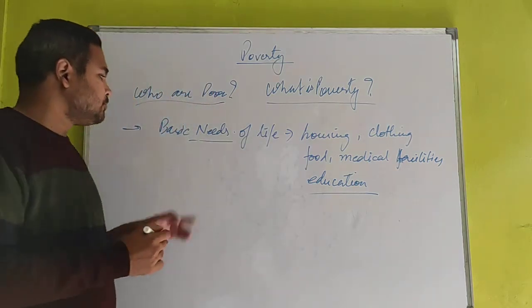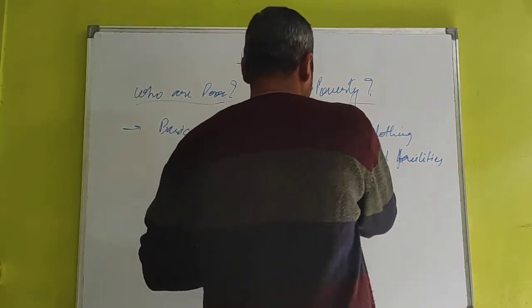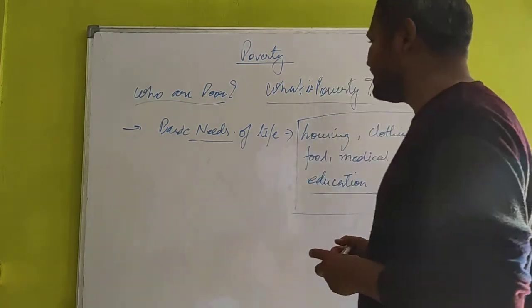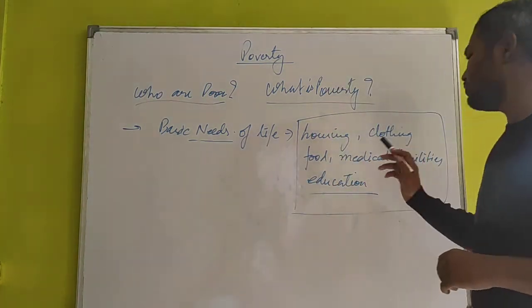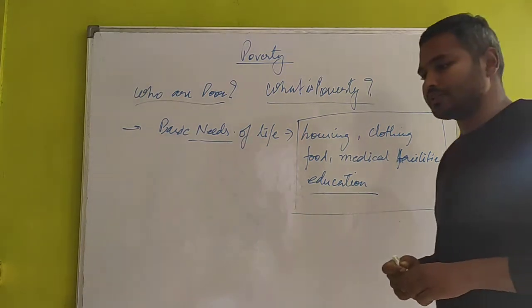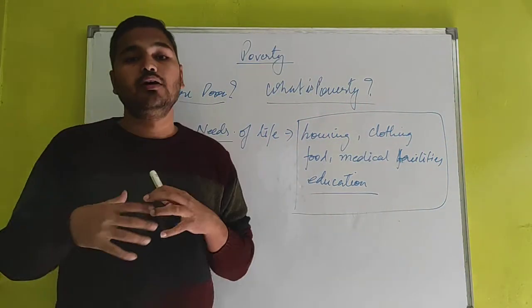So, if a person is not able to fulfill his or her basic needs of life, that is housing, clothing, food, medical facility and education, then that person is called poor.